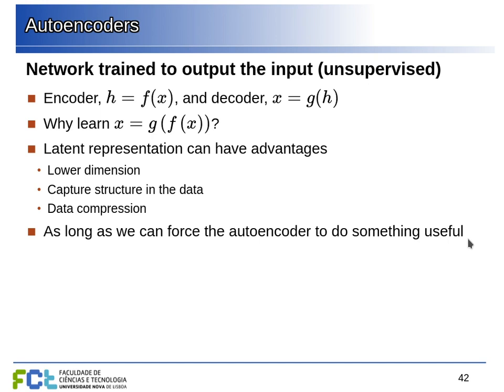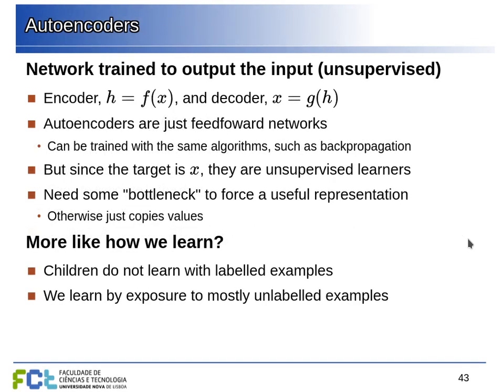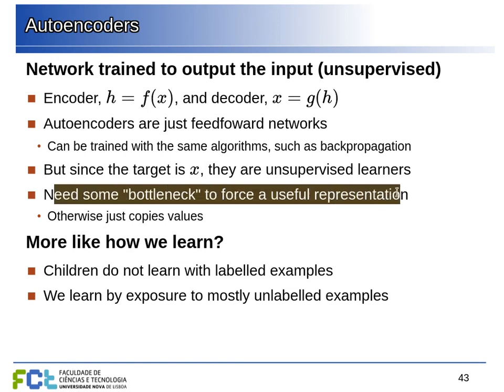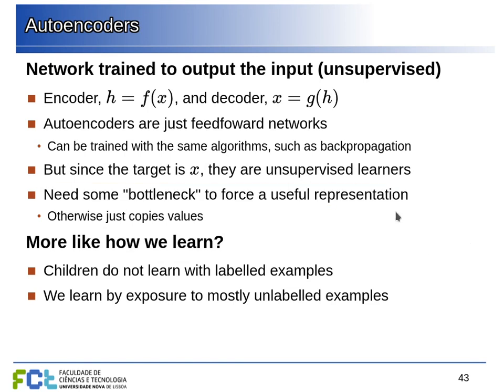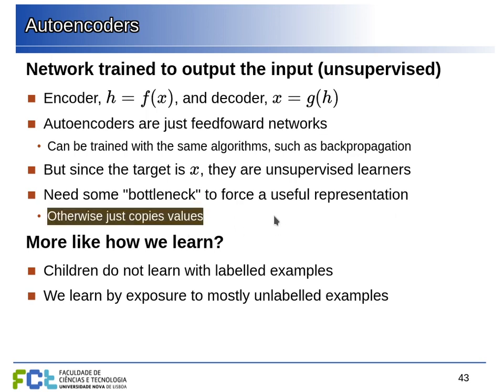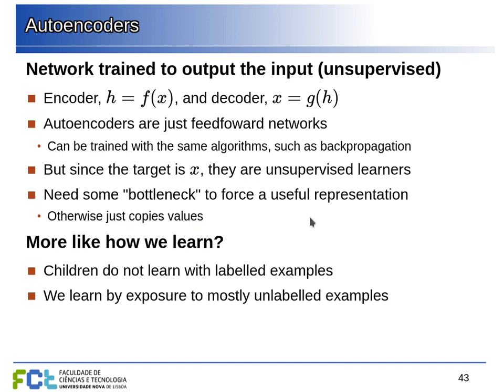We don't need labels because we can always compare the output to the input to have the error function. But we use this to force the artificial neural network to learn a useful representation. And we can do this in many different ways, as long as we create some bottleneck to the information that forces the network to learn a better representation instead of just copying everything from the beginning to the end.